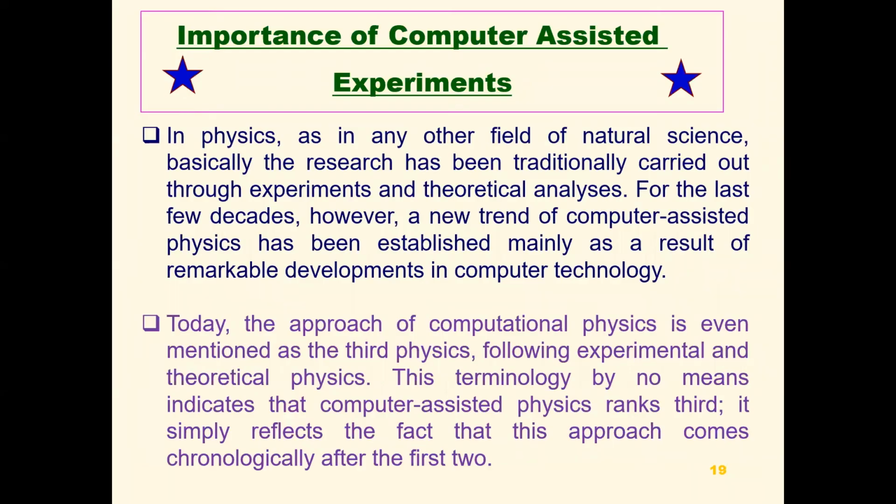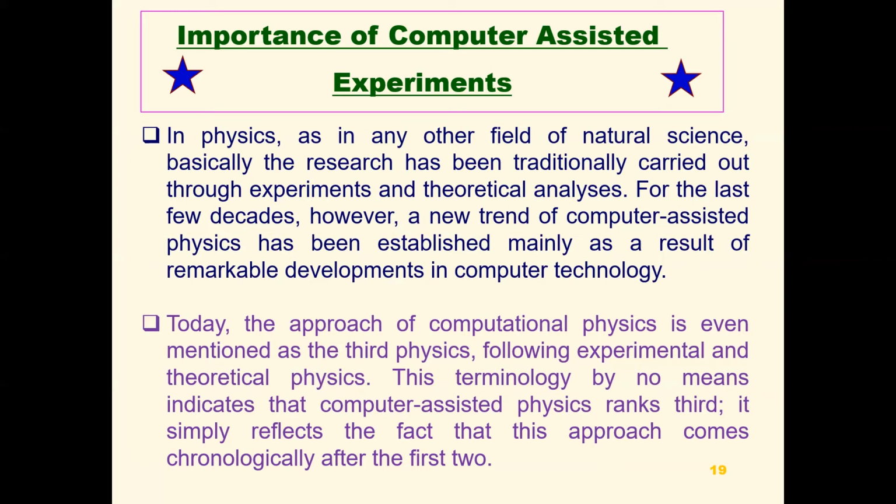Now the next task is to discuss the importance of these computer assisted experiments. In physics, as in any other field of natural science, research has traditionally been carried out in two ways, through experiments and theoretical analysis. For the last few decades, a new trend of computer-assisted physics has been established, mainly as a result of remarkable developments in computer technology.